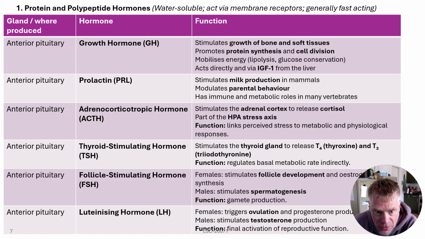So starting off with the anterior pituitary, if you look at the previous slide, you can see where that is. It's located just below the brain, and then we have a whole range of different hormones which are affecting growth, metabolism, and some relating to reproduction as well.